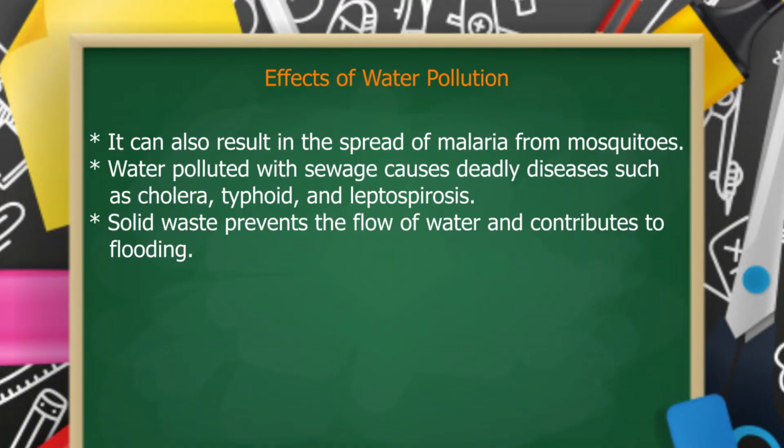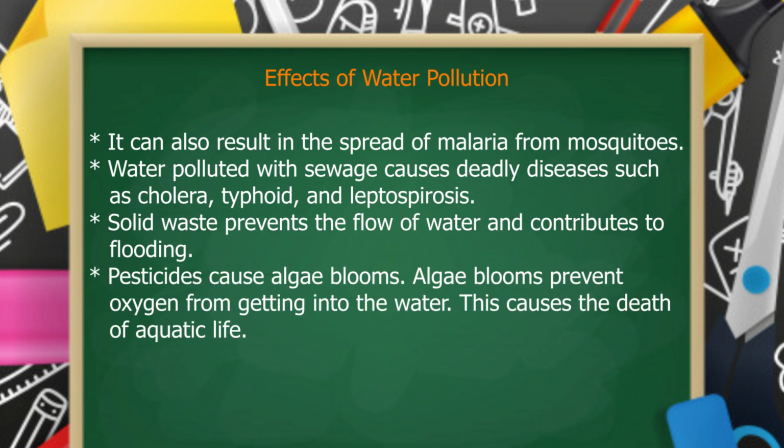Constant throwing would cause the drains and trenches to be filled with garbage and the water to be stagnant. Solid waste prevents the flow of water and contributes to flooding.